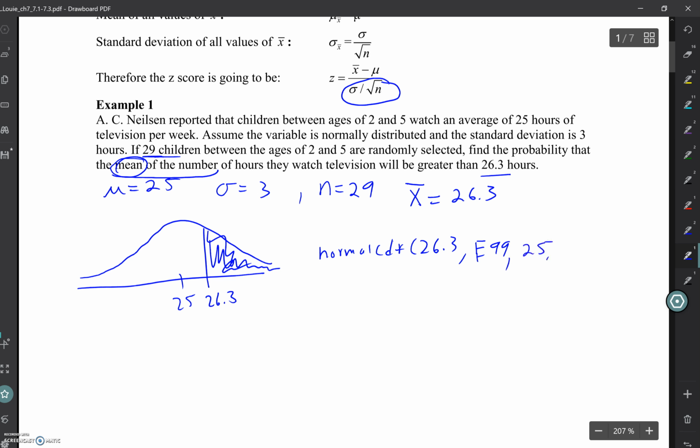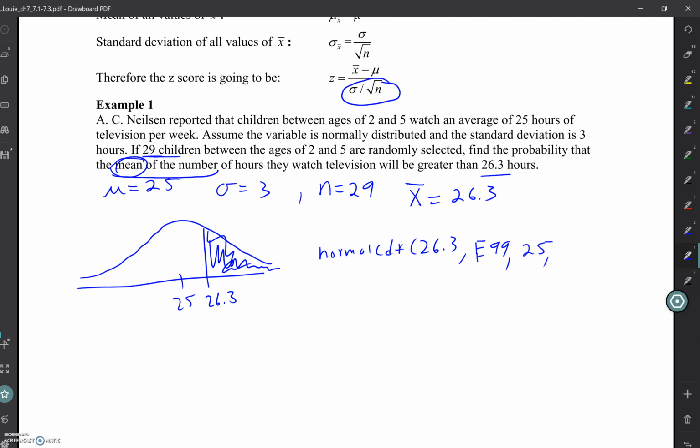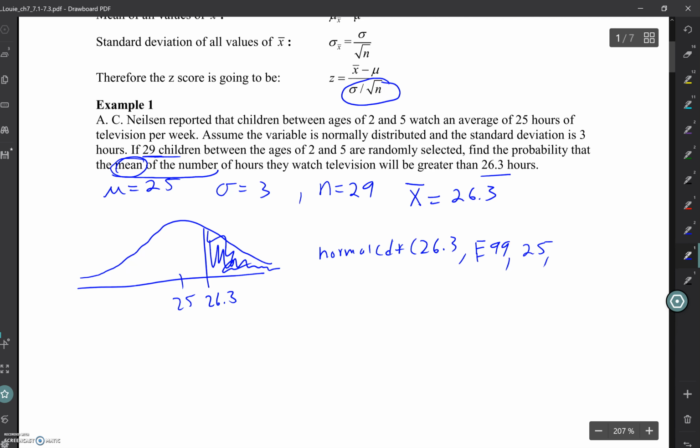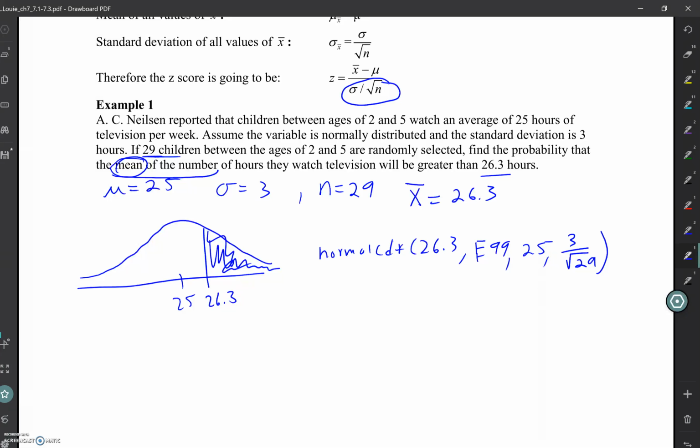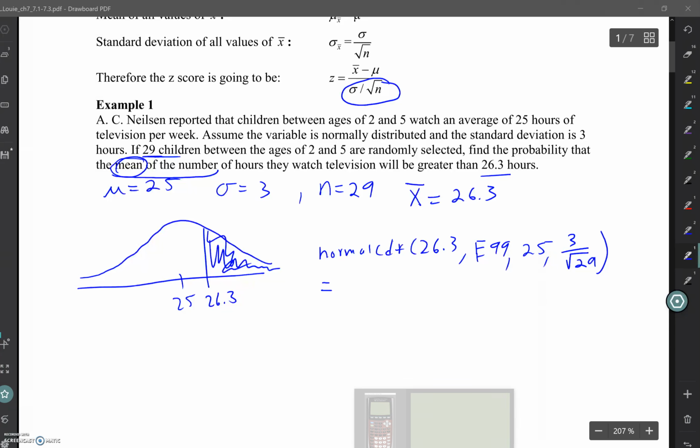Your mean is 25, but now I need to apply that adjustment to the standard deviation. So we'll take our given standard deviation of 3 and divide it by the square root of n, which is 29. You can make the adjustment before and plug it in, or you can make the adjustment as you go, and the calculator will figure that part out.